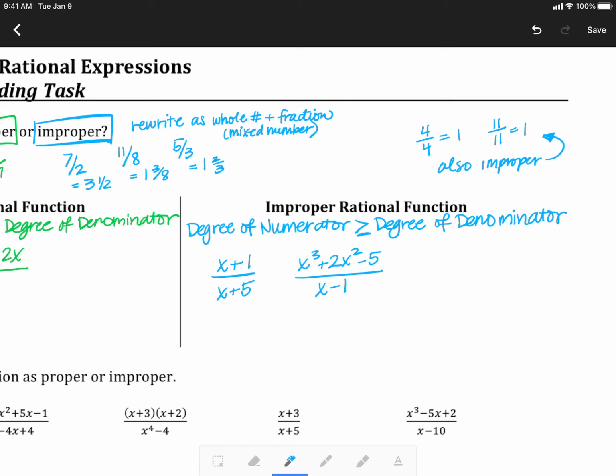One more example for us. Let's say the numerator is x squared plus 3x. Well, our denominator has to be at least x squared or less. So let's go ahead and say that denominator is just x plus 7. Each of these is considered improper because in every case, the numerator is a greater degree or an equal degree to the denominator.